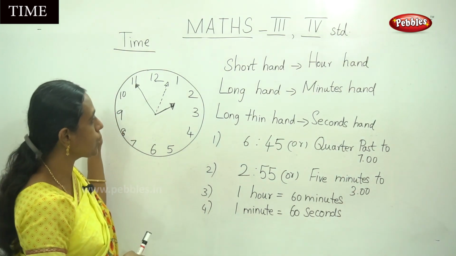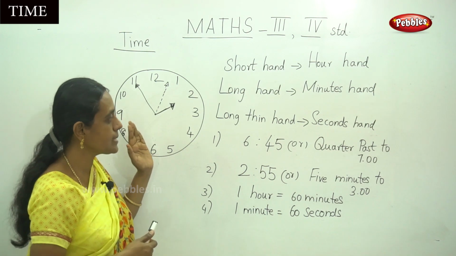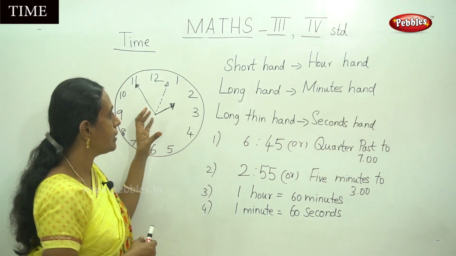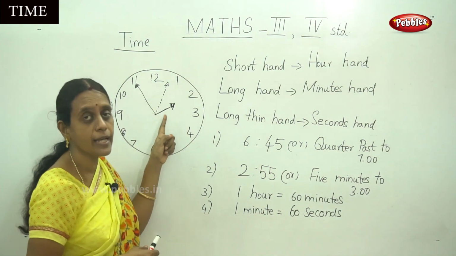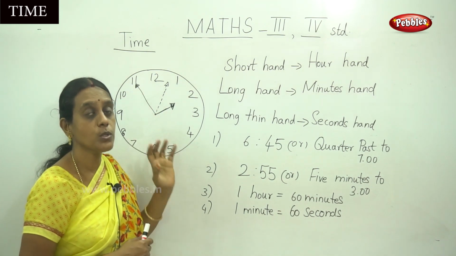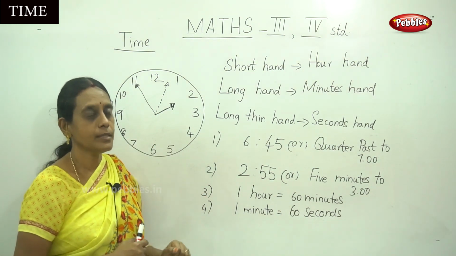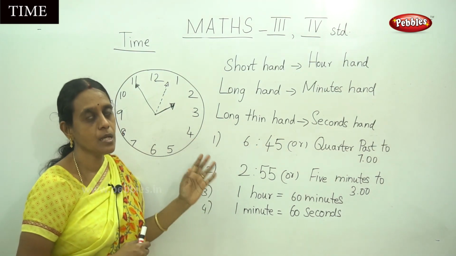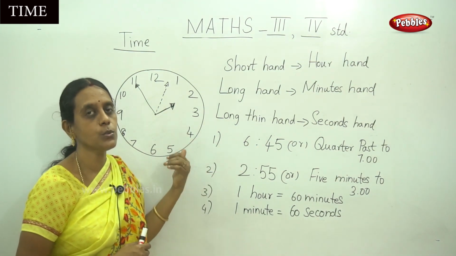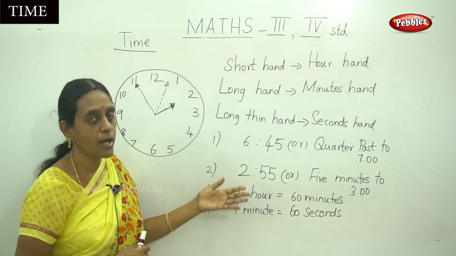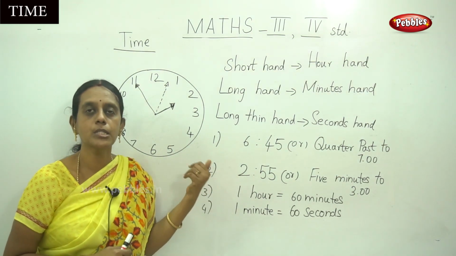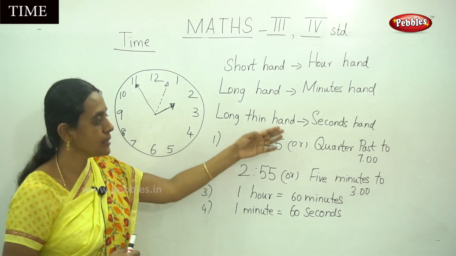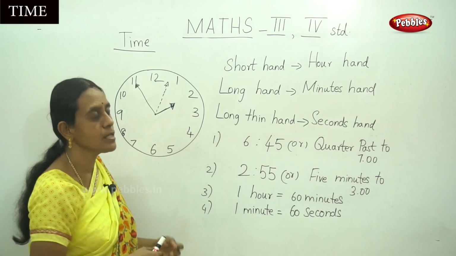So this is the clock concept: by observing the shorthand and longhand, how to say the time with hours and minutes, quarter past, half past, quarter to 7 or quarter to 11, anything, and 5 minutes to 7, 10 minutes to 9. So these are the terms we learnt in this topic.